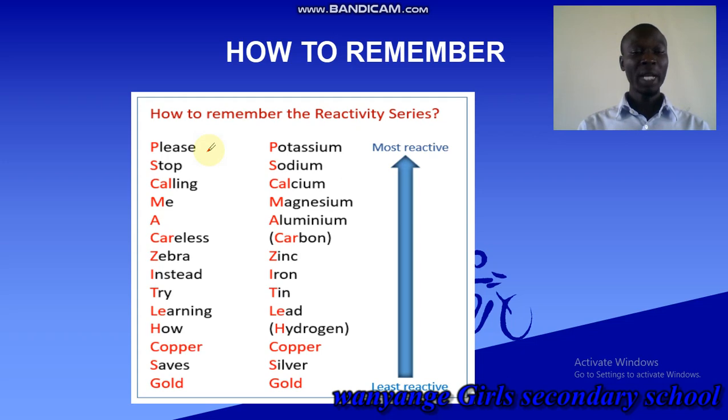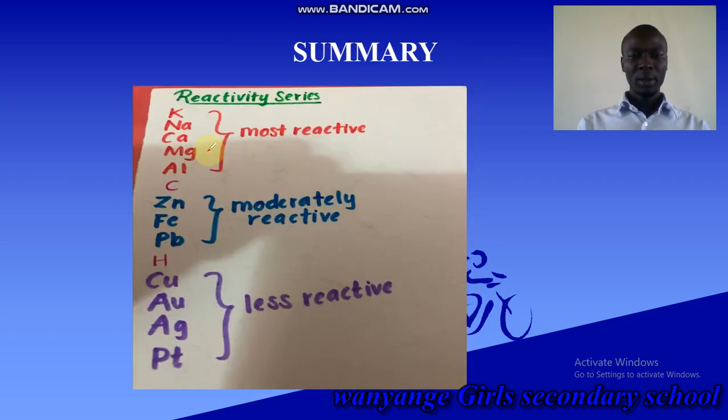And the symbol of sodium is capital N, lowercase a. And so on. Okay, so there we have the symbols of the elements. We have potassium, of course, which is capital K, then sodium, capital Na, and the rest.